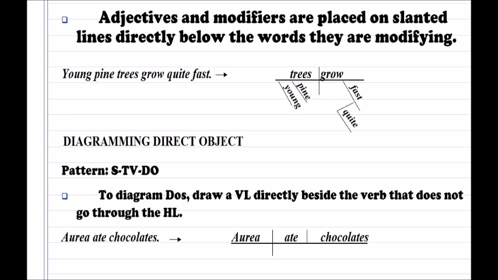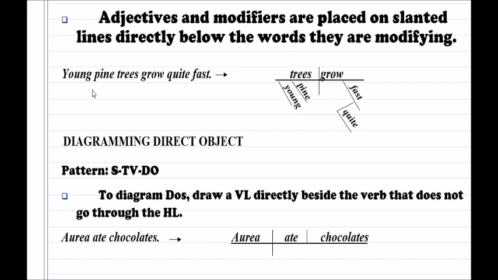Let's figure out in this sentence where the subject and the predicate are, the main subject and the main predicate. Of course, trees grow. Now, you will put trees on the left side and grow on the right side. And remember the horizontal line and vertical line to divide the subject and the verb or the predicate.